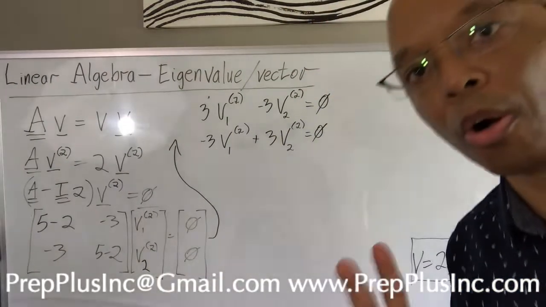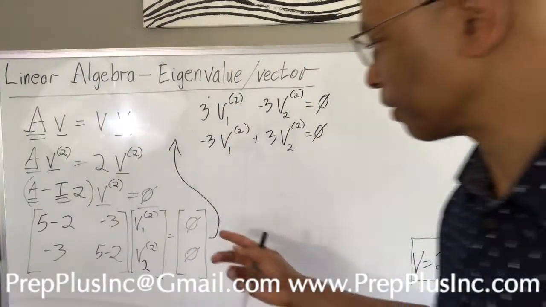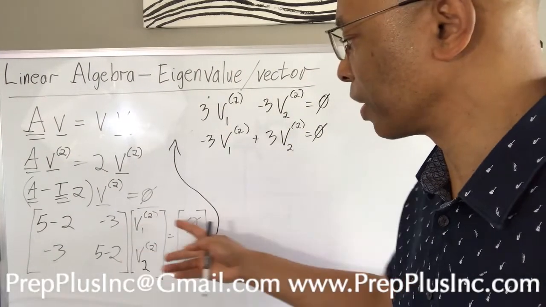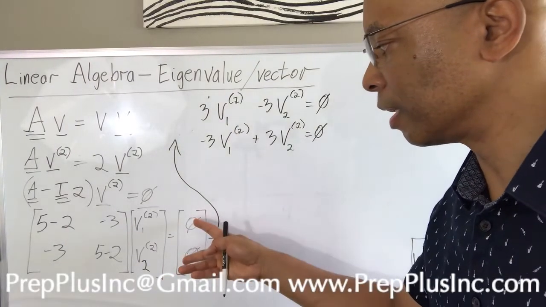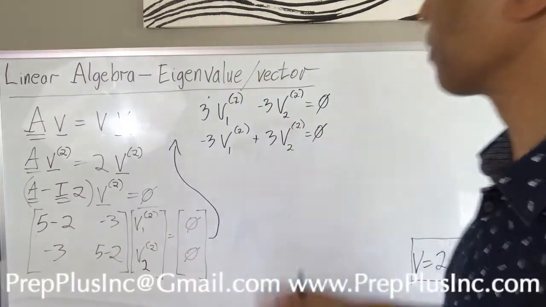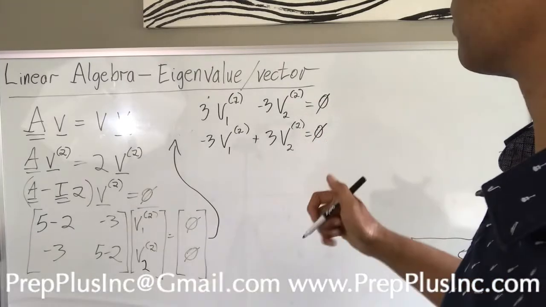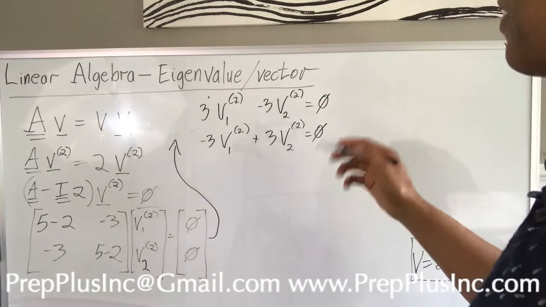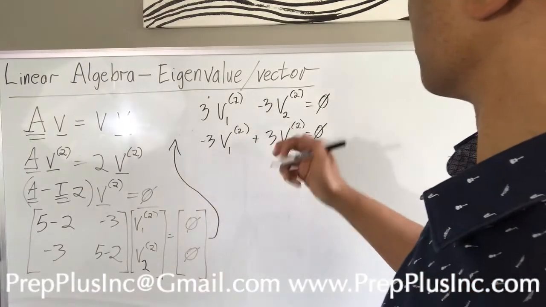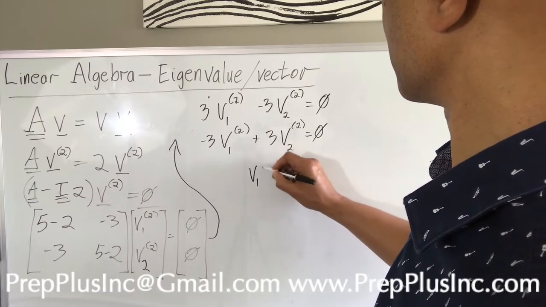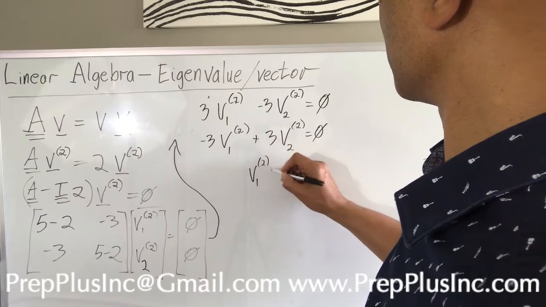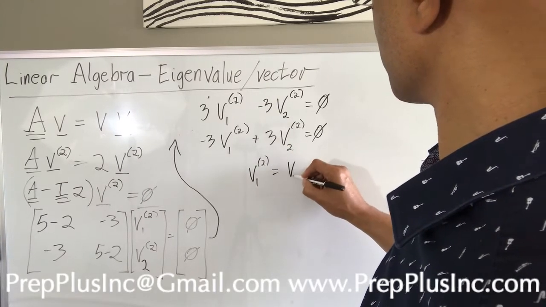Okay, so all we've done is explicitly write out the system of equations represented by this matrix equation. All right, so we look at this. All this means is that V1 equals V2.